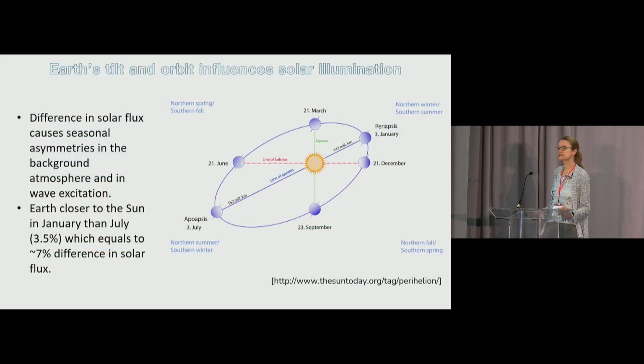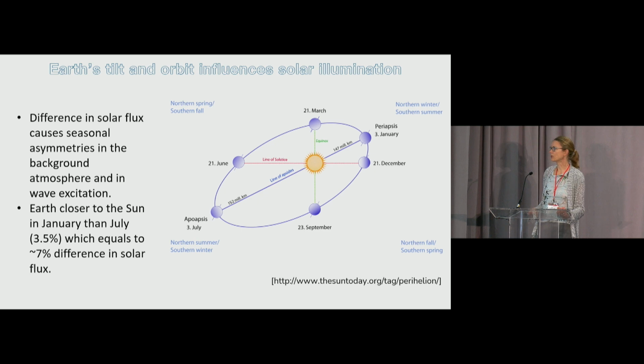You mentioned this, and also Qingyu, because that's an important point. We have seasons due to the tilt of the Earth, and this will lead to differences in the background atmosphere, also in the lower atmosphere, and among others, this will change wave excitation in the lower atmosphere, which then propagate up.